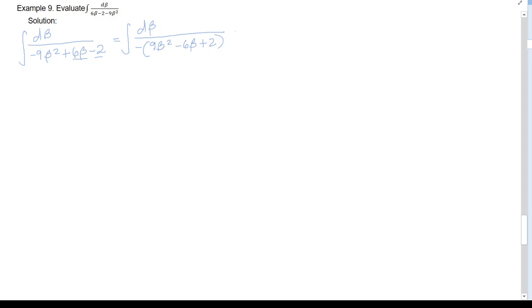If we rewrite that one, let us bring up negative, that is negative d beta all over 9 beta squared minus 6 beta plus 2. And this one, it can't be factored.